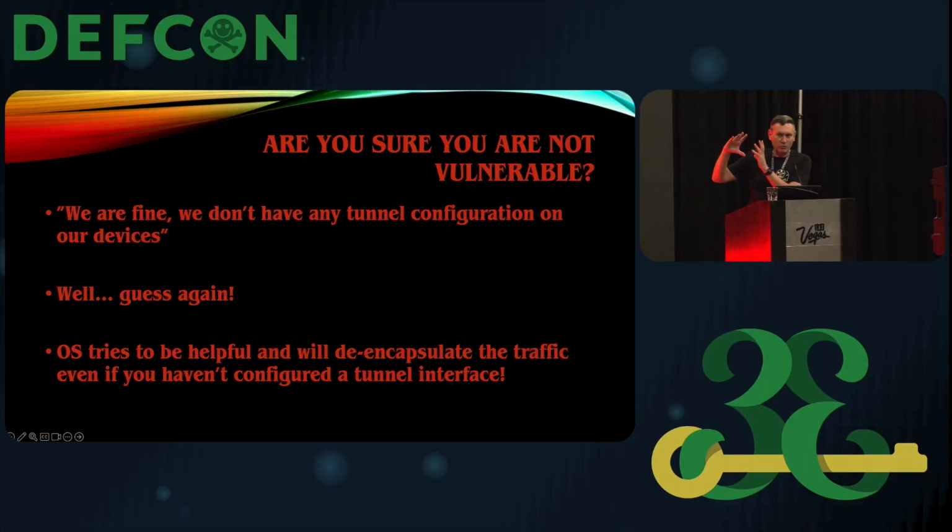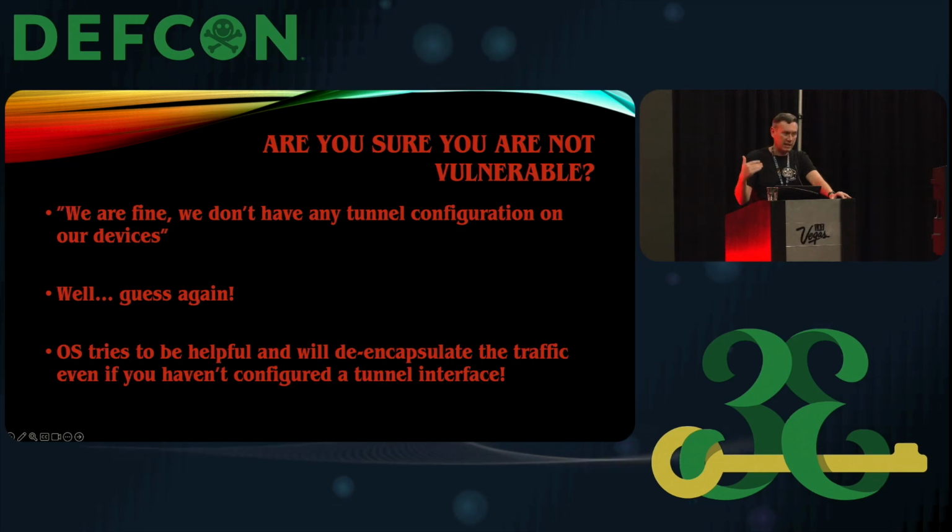Even if there's no tunnel configuration in the routers, they're still doing the de-encapsulation. So that's a big issue there. So yeah, that's the reason that you need to have these access lists. You need to make sure your routers are patched, even if you don't have any kind of tunnel configuration in your router.